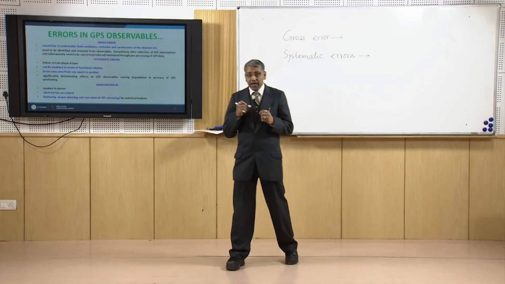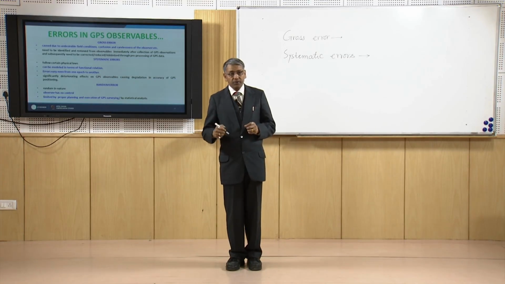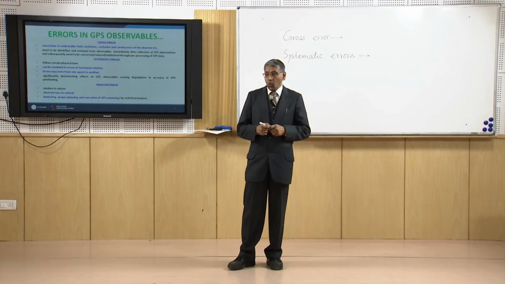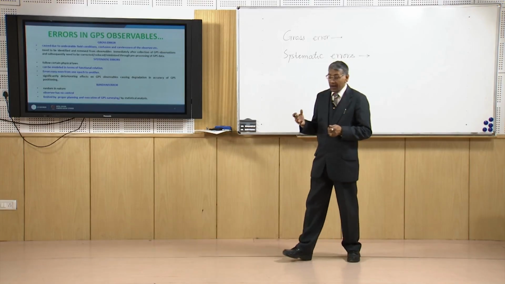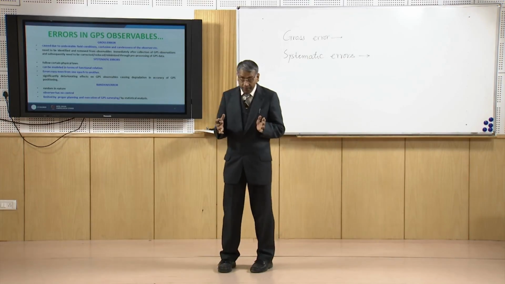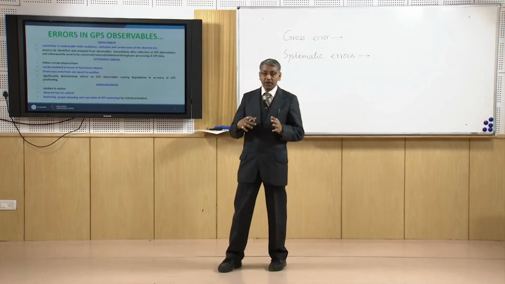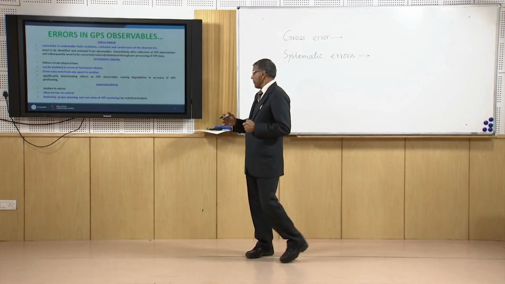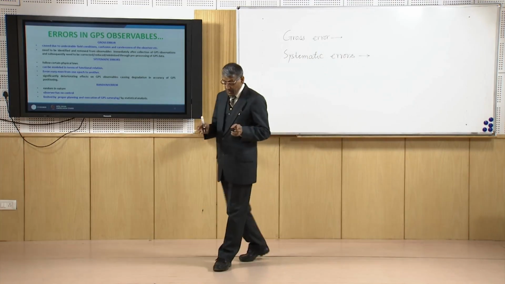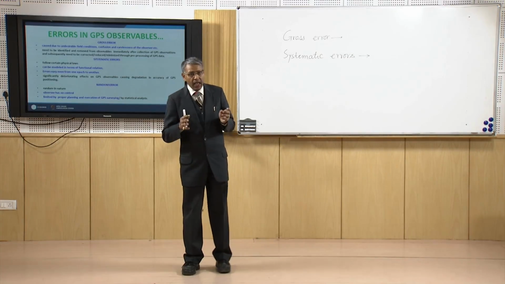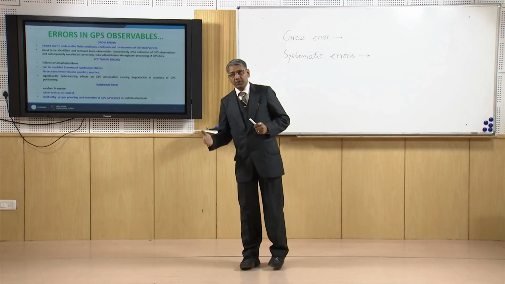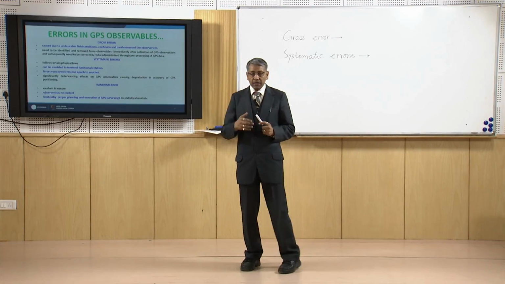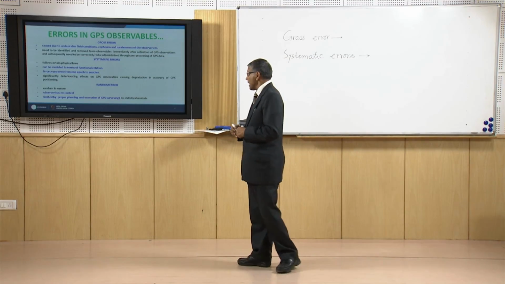Now these systematic errors follow certain physical laws which we should look into, and we can model those errors and then remove them. So systematic errors are errors which can be modeled and removed, and these errors vary from observation to observation. For each observation the same type of error may be different.